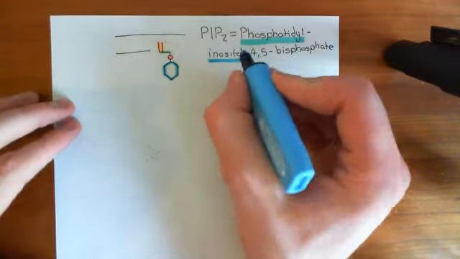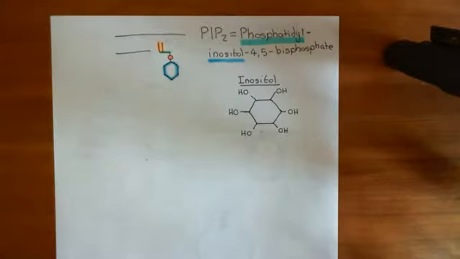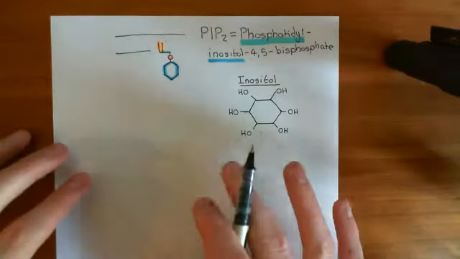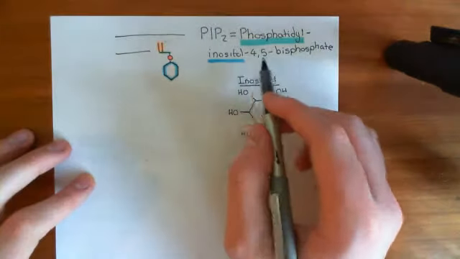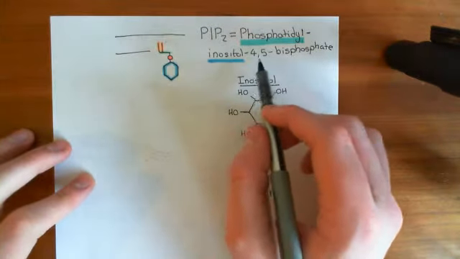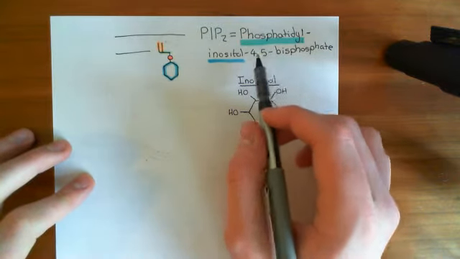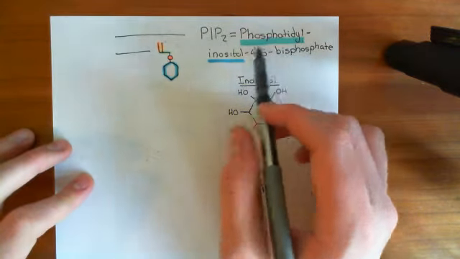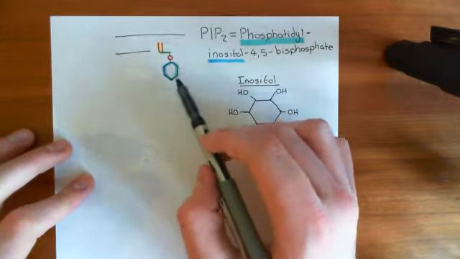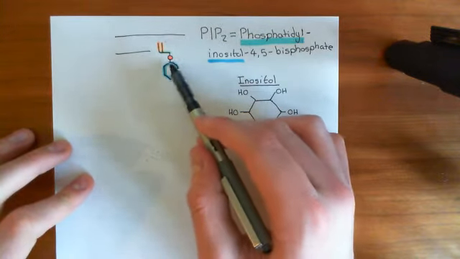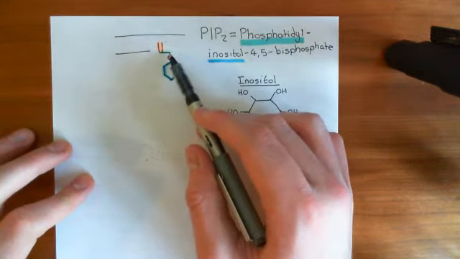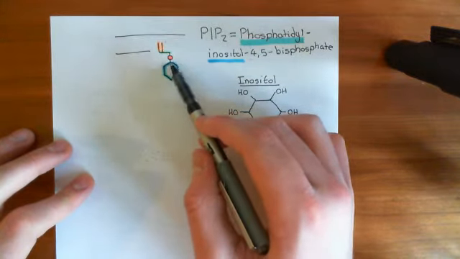So that's now phosphatidyl inositol, because I've got an inositol group with a phosphatidate or a phosphatidyl group stuck off it. And then we want phosphatidyl inositol 4,5-bisphosphate. So what we need to do is add phosphate groups onto the 4th and the 5th carbon of this inositol ring. Now, the way you name the carbons of the inositol ring is you name this one that's actually attached to the phosphatidyl group, you name that carbon 1.